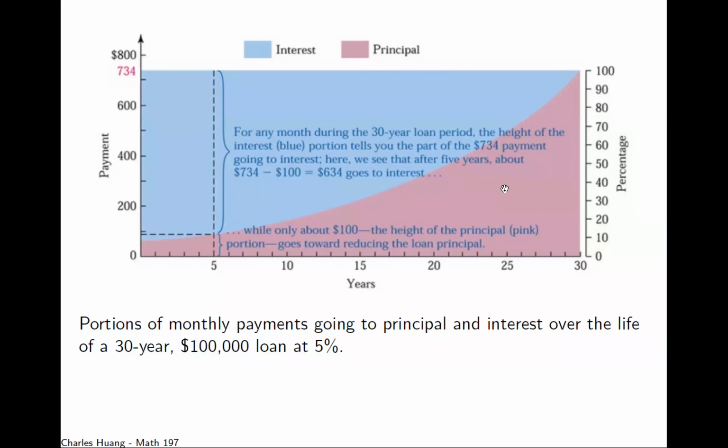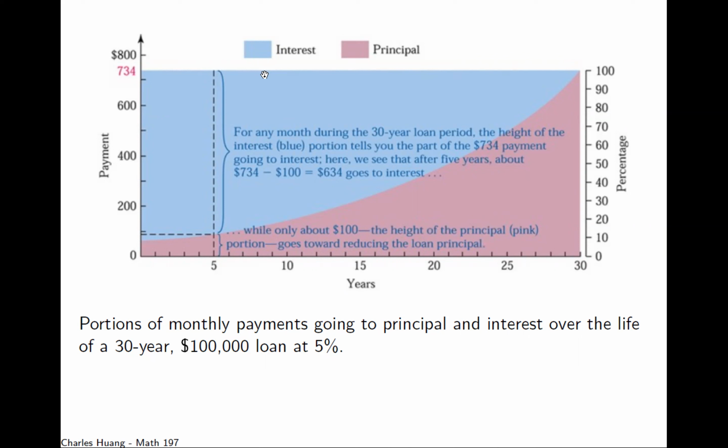One final word. When we have a long amortization, like a mortgage loan that takes place over 30 years, what you'll notice is this: the payment for $100,000, a 30-year loan at 5% is about $734.